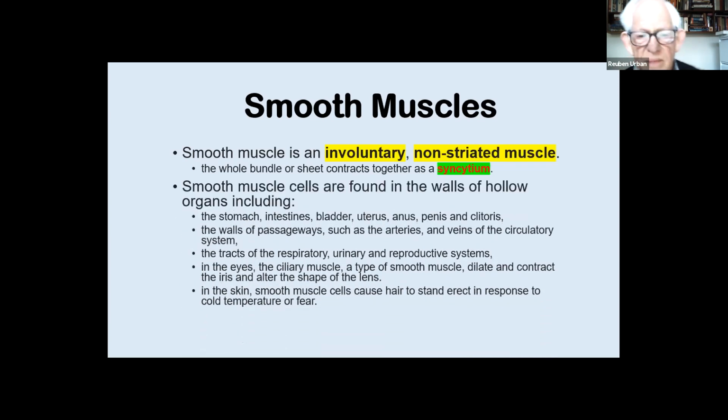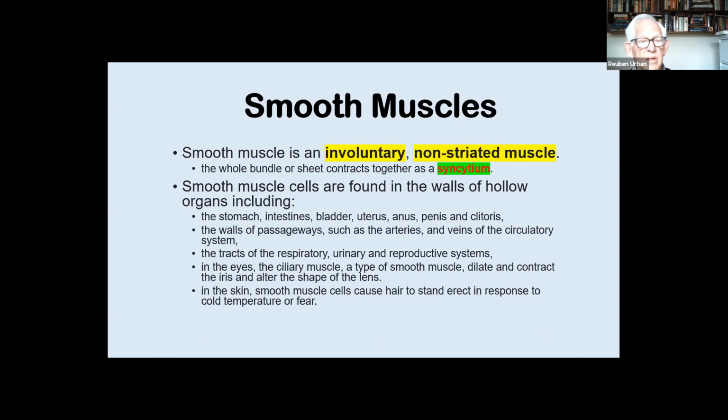Now, the smooth muscles are found everywhere. They actually are under your brain's control. It's not yours. It's totally involuntary.